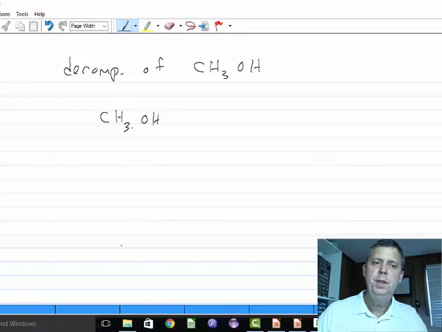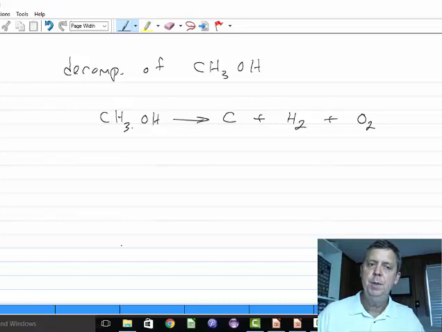We're starting with decomposition of CH3OH. We'll produce the basic elements, carbon plus hydrogen, which we know should be H2, plus oxygen, which should be O2, since these are the diatomic elements. And that'll be the decomposition of, in this case, methanol.